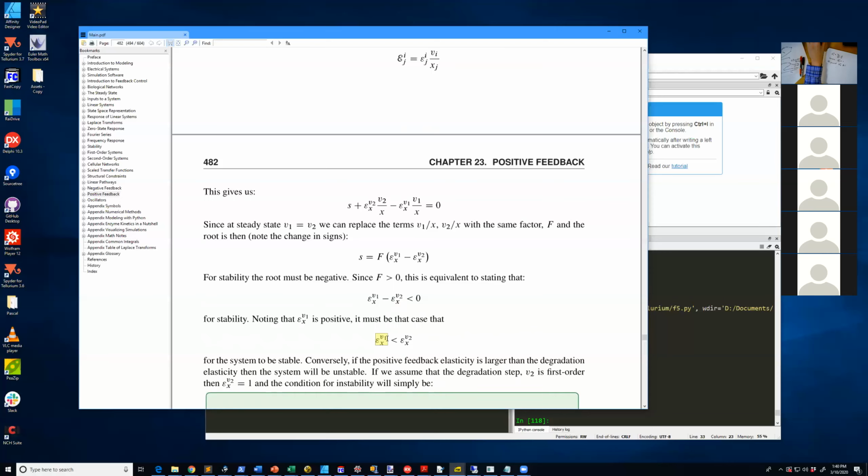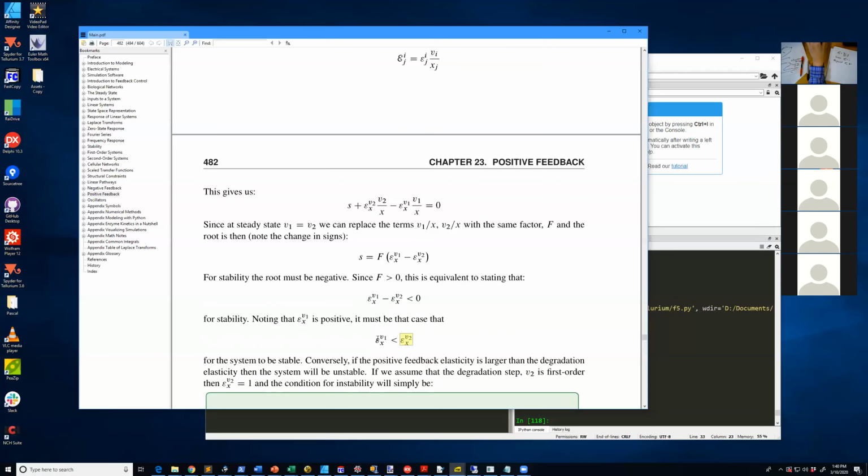All right, so that's basically the rule. If the feedback elasticity is greater than 1, we'll have bistability. Of course, we can get bistability by using sigmoid kinetics, because with sigmoid kinetics, the elasticities will be greater than 1. And so this is the condition. In fact, you can have all sorts of combinations here.